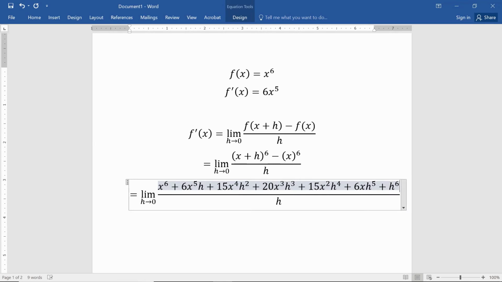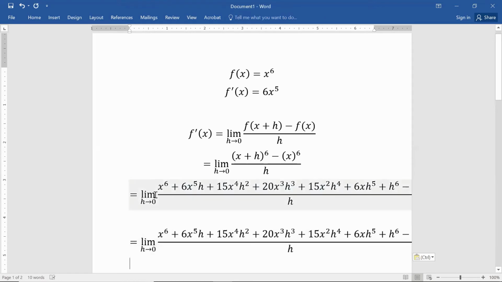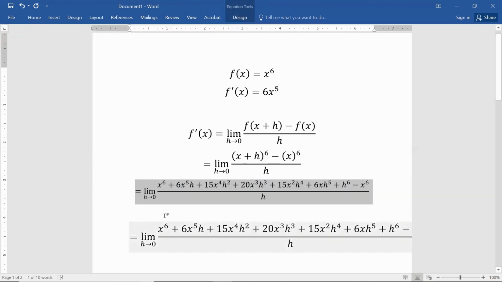Now you're doing all of that and then subtracting x to the sixth. That's such a big expression that it goes off my page. So let me make this one a little bit smaller. So x to the sixth plus 6x to the fifth h plus 15x to the fourth h squared plus 20x to the third h to the third plus 15x squared h to the fourth plus 6x h to the fifth plus h to the sixth minus x to the sixth.